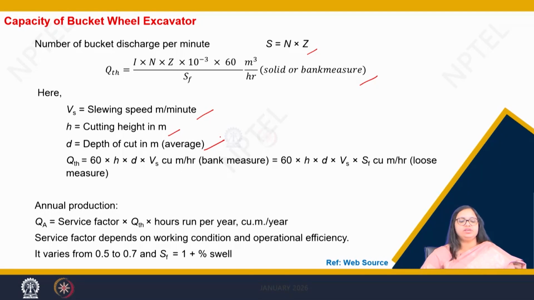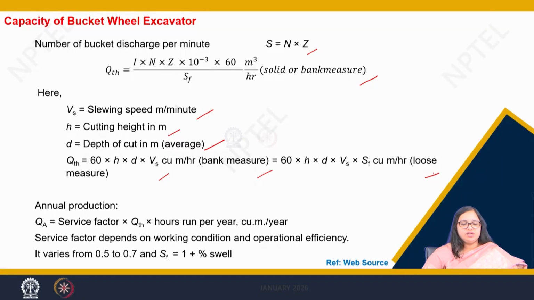So, my theoretical capacity with the slewing speed, the height of cut and the depth of cut for a bank measure can be given as 60 multiplied by h, that is height of cut, multiplied by depth of cut, multiplied by the slewing speed, which gives me the bank measure in cubic meter per hour. However, for loose measure, we multiply the SF here to get the theoretical capacity.